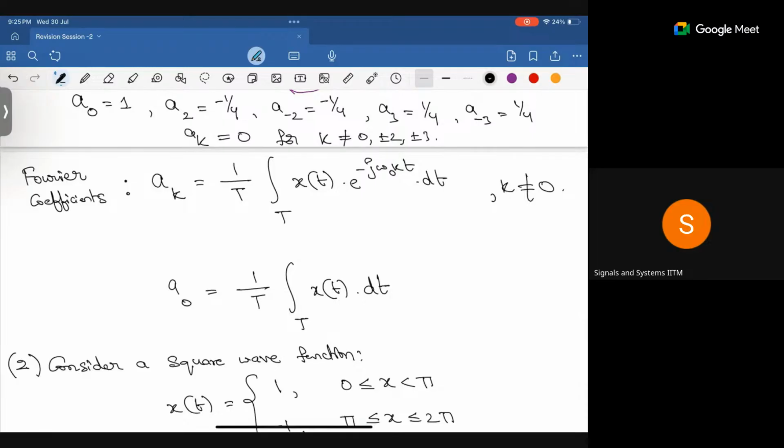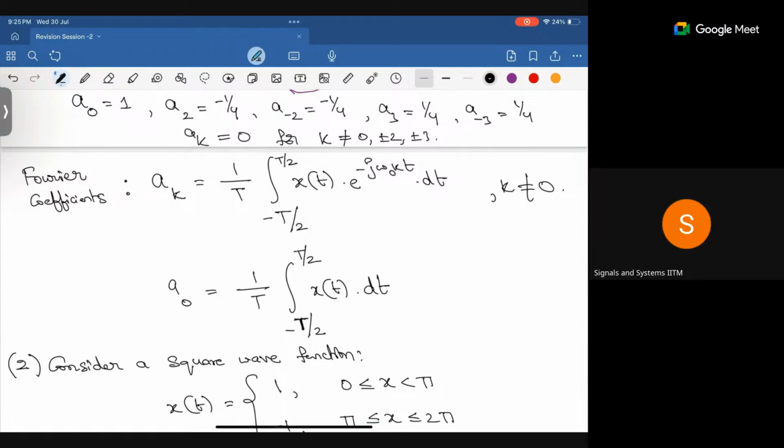And I always recommend this is over one time period. Either you integrate from 0 to T or minus T/2 to T/2, it doesn't matter. When I say integral over T here, all it implies is that you have to integrate over a period.